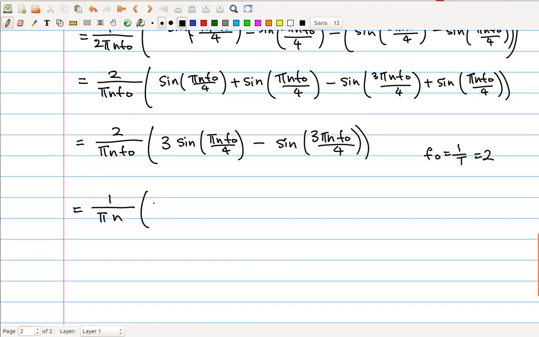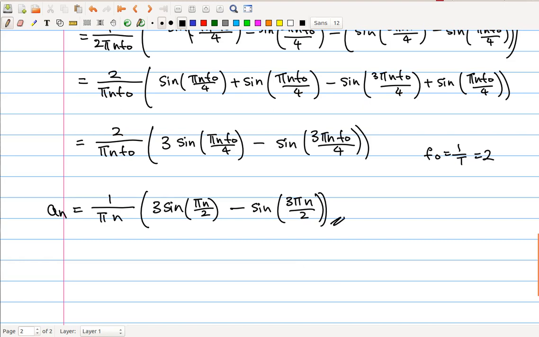So here we have 3 sine pi n on 2. Alright, good. Minus sine, and this also will cancel down to 3 pi n on 2. Okay, that's good. So this basically gets our expression for an.